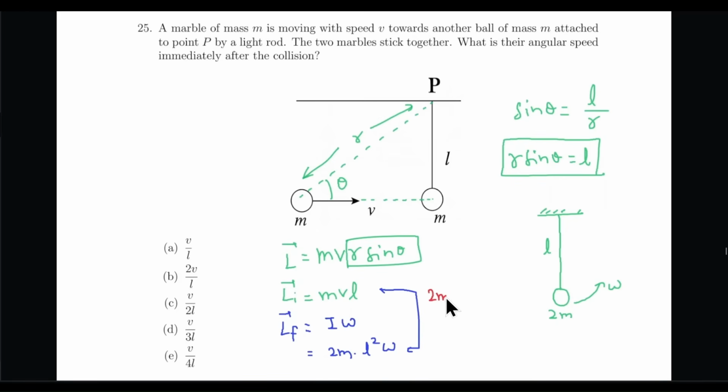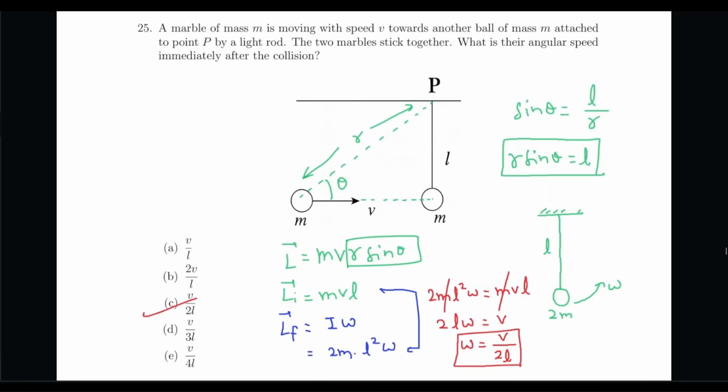So 2mL square omega should be equal to mvL. m and m is gone, one of the L is also gone, so 2L omega should be equal to v, which means that omega should be equal to v over 2L. That is the angular speed immediately after the collision. So it should be option C.